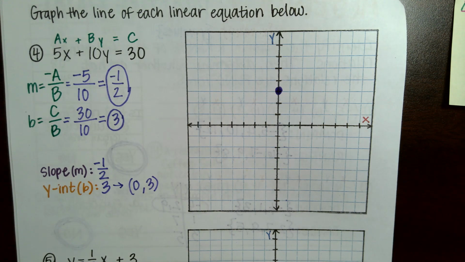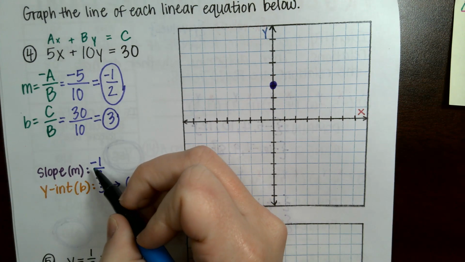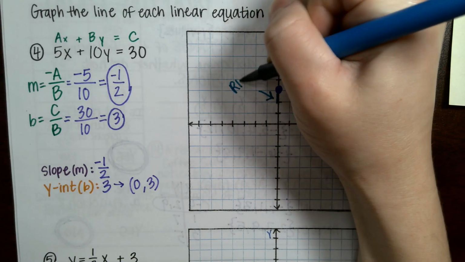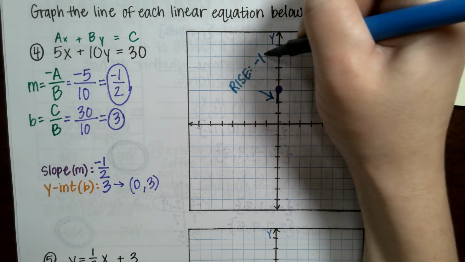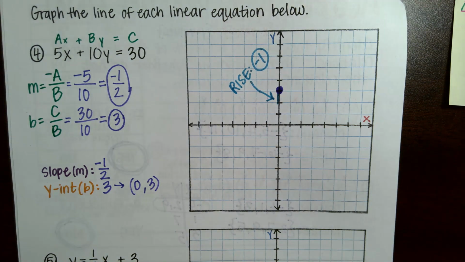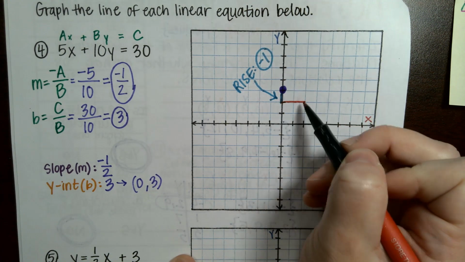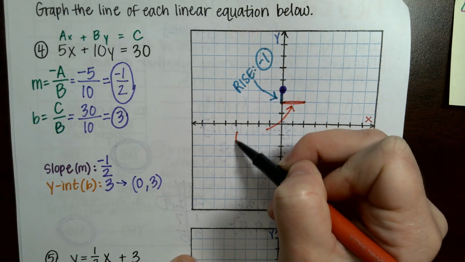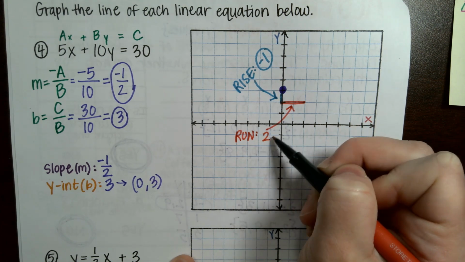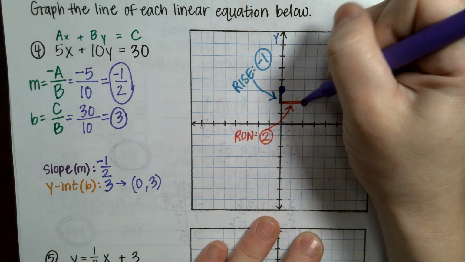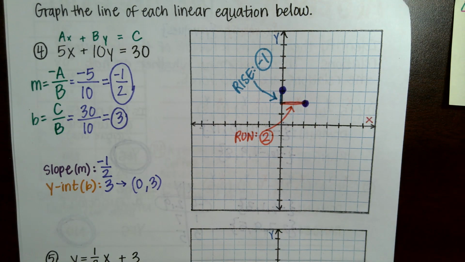My rise is -1, so I go down 1. And my run is 2, the bottom of my slope. So I'll go over 2. Okay, and my second point is just right at the end of that run. That's it. Now we just connect the dots.